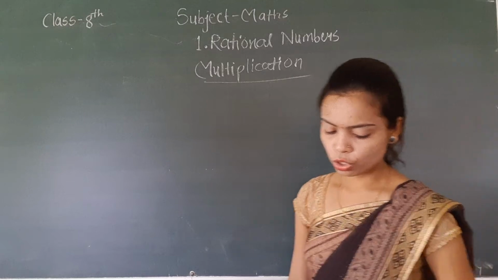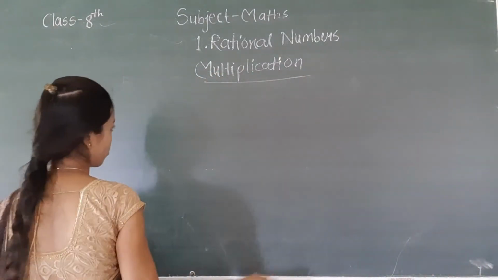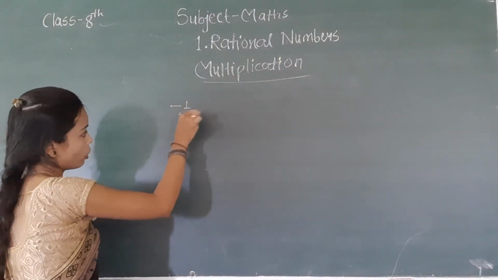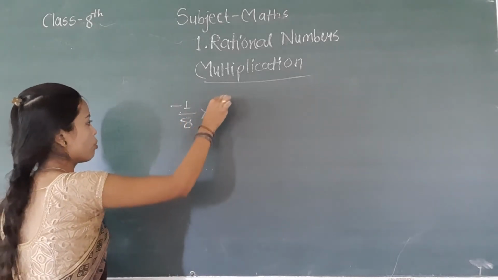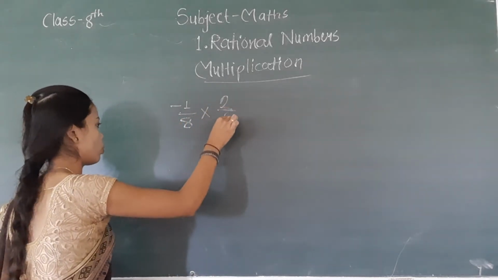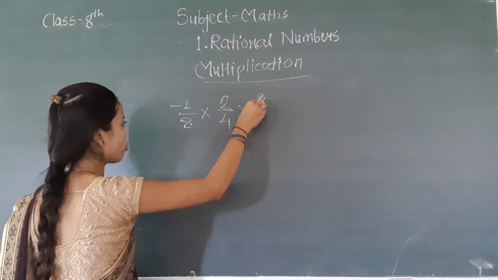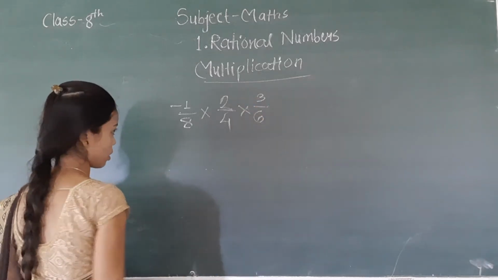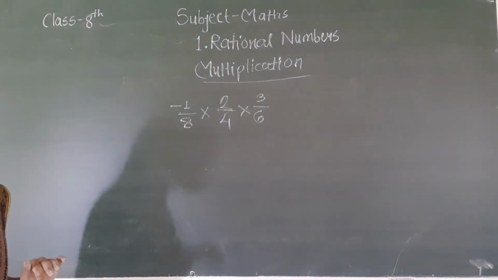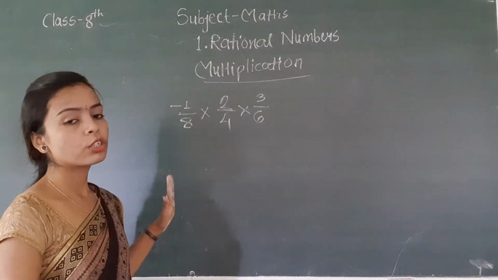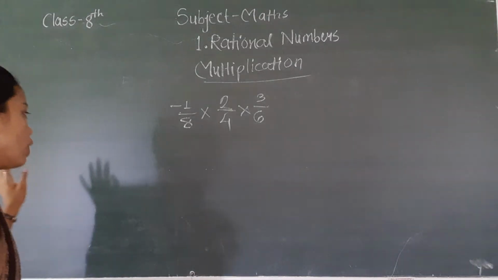Suppose your rational numbers are minus 1 upon 8, 2 upon 4, and 3 upon 6. These are the rational numbers you have to multiply, but changing the grouping. So I will take two cases.